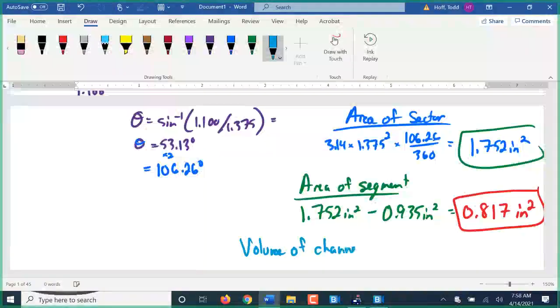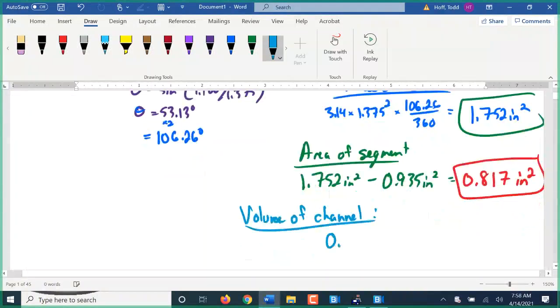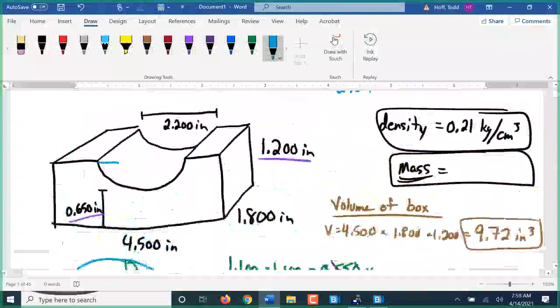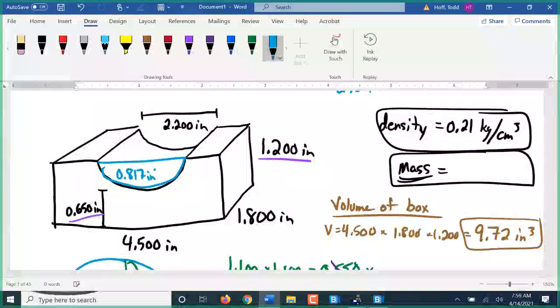So what's the volume of that channel that's been machined out? How do I find it? My cross-section area of 0.817, that's this area right here. What do I do with it?